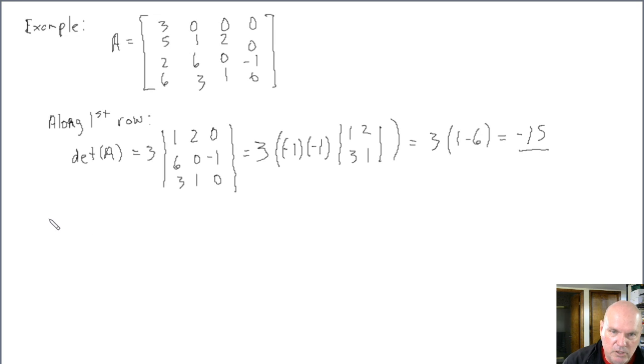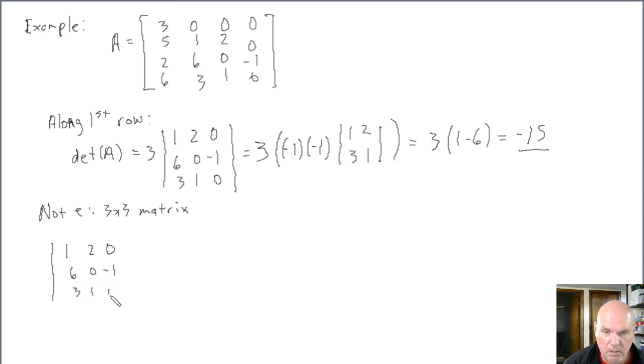Let me show you a shortcut method that most of you probably remember from high school for a 3x3. It's a mnemonic device for finding the determinant of a 3x3 matrix. So let's look at this same example: 1, 2, 0, 6, 0, minus 1, 3, 1, 0.